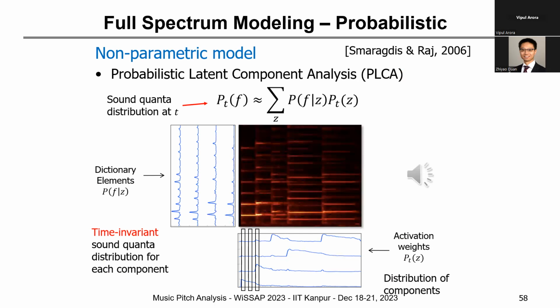Now we have a piano passage. And if we look at the magnitude spectrogram, we can see the harmonics of the notes. In this case, it's a monophonic piece, right? At each time, there's only a single note, but it's a good illustration for the technique.